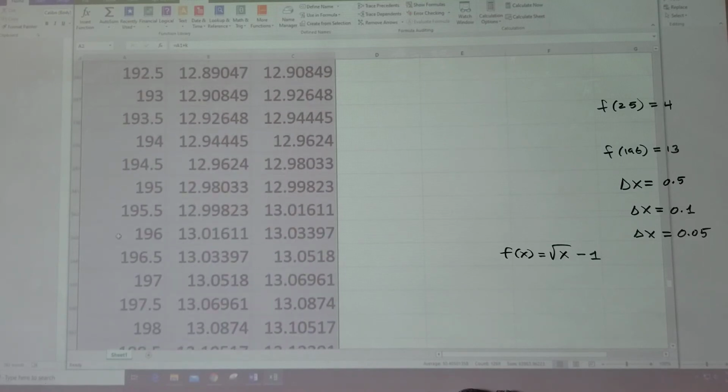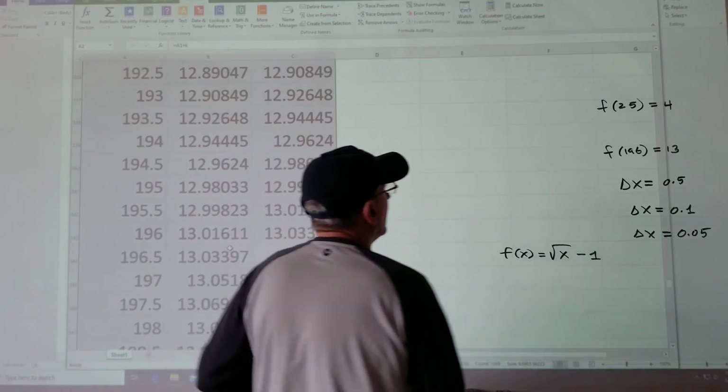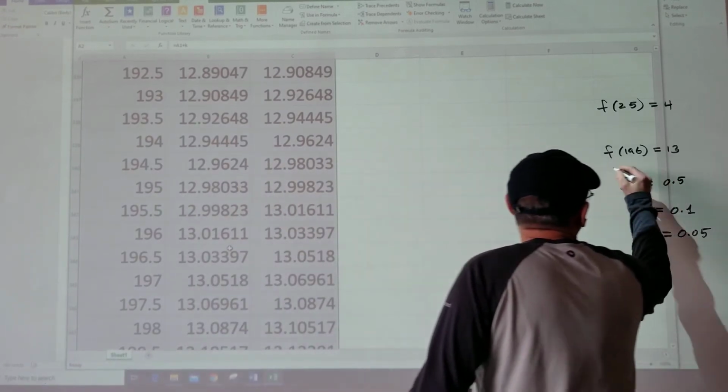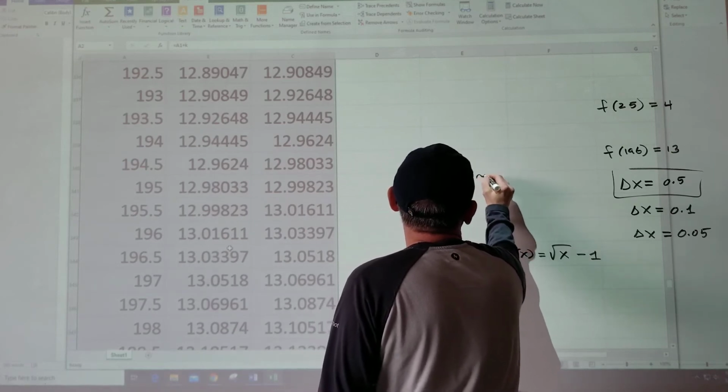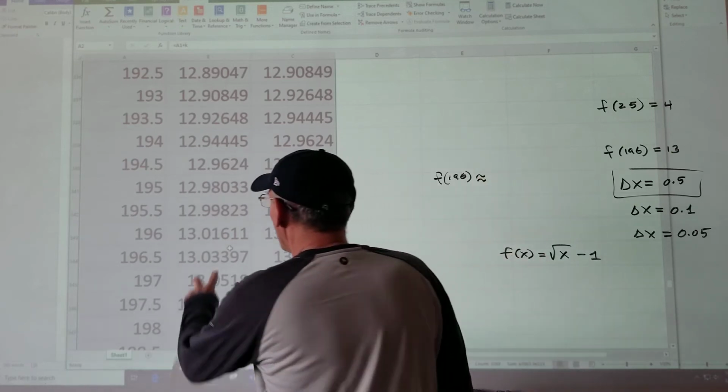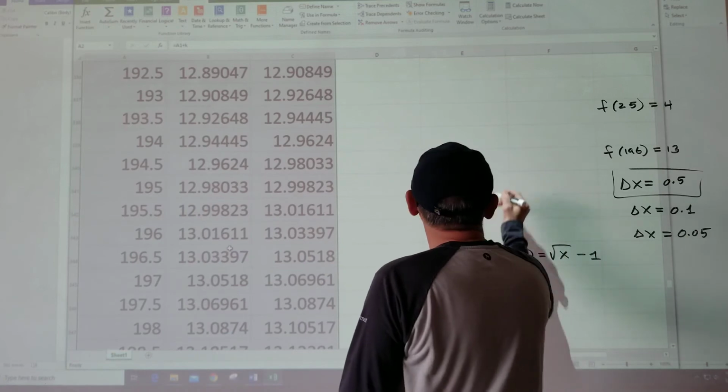I came up with the Euler approximation for 196 as y equals 13.01611. So let's write that down. Here's the Euler approximation with this step. F of 196 is approximately equal to 13.01611.